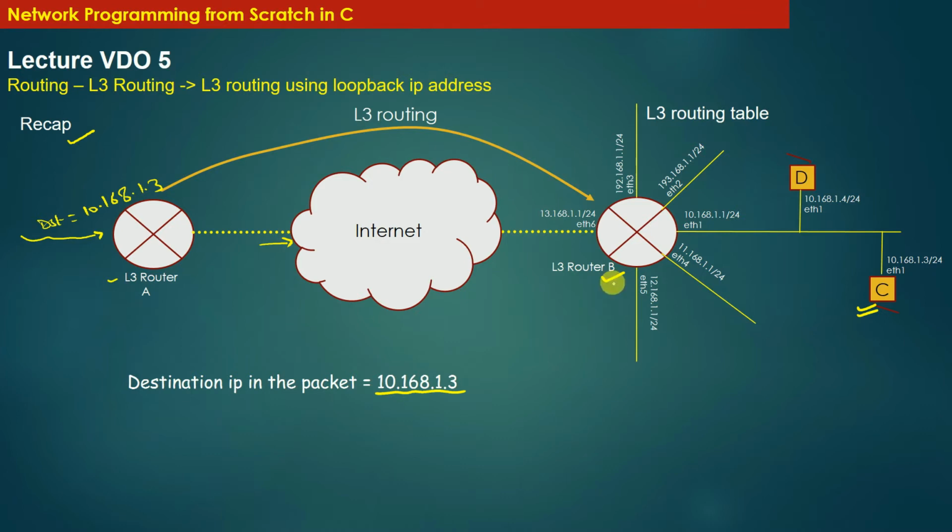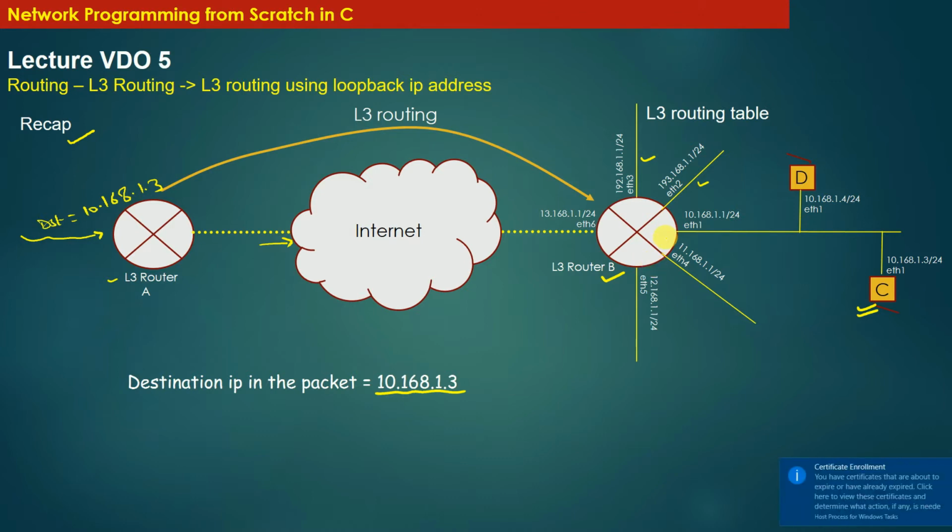Let us apply the concepts of L2 routing and L3 routing we have done so far. Router B will inspect the destination IP address in the packet, and see whether it belongs to one of its local subnets or not. Router B has 6 local interfaces, and therefore 6 local subnets.